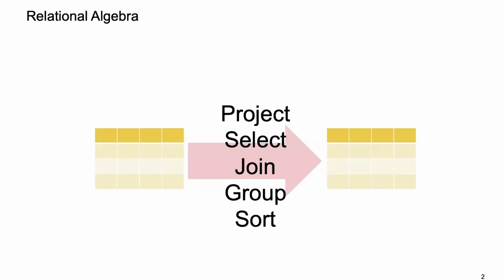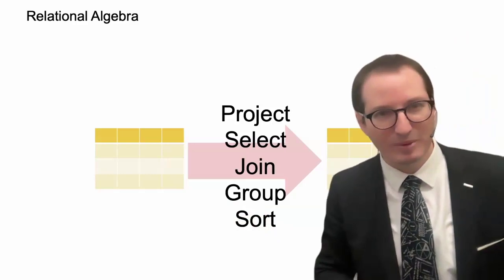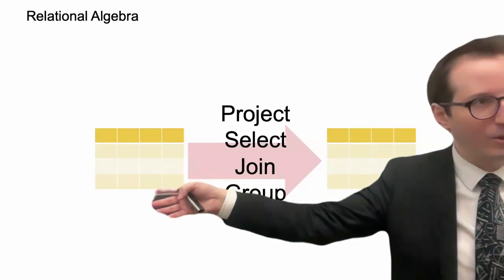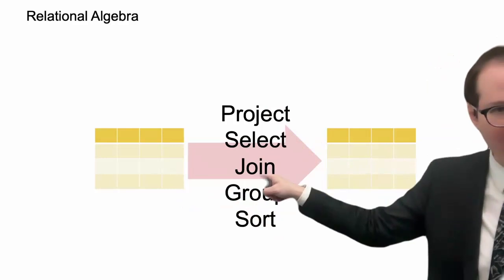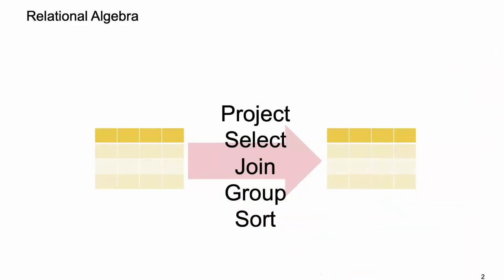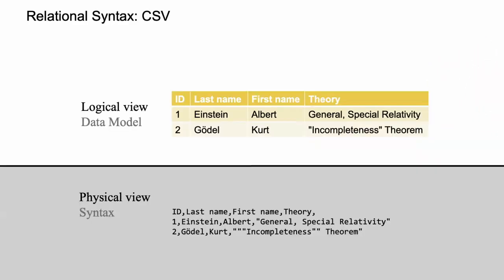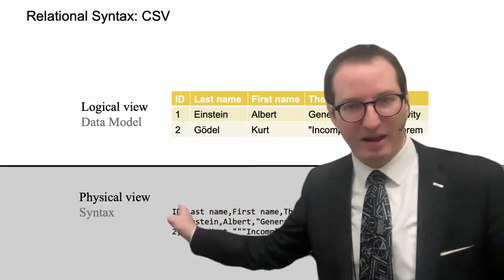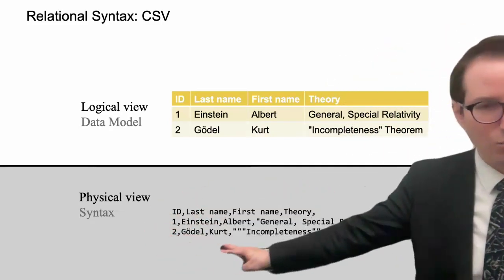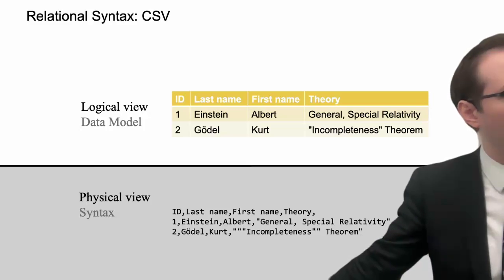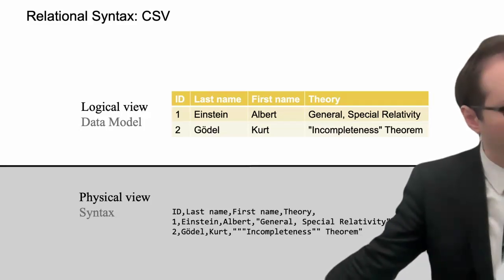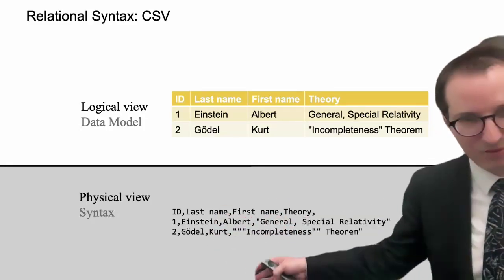If I look at the relational algebra, that's the SQL brush up we did at the beginning, I can manipulate tables, no nestedness, all homogeneous. I can project, select, join, group, sort, and so on, get another table, right? That's the relational algebra. Then I have syntaxes, right? I can use CSV as a means to store tables like that. I think many people prefer to export the content of a database as a SQL script rather than CSV, but that works too.